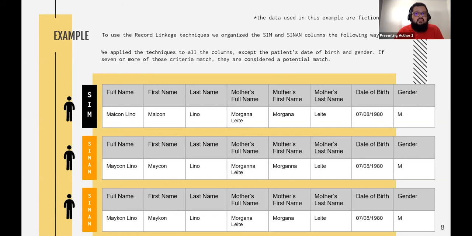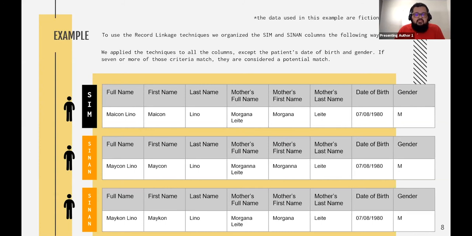In this example, the name Maicon is in the SIM database, and Maicon and Maicon 2, the same person with the name typed incorrectly, are in the SINAN database. So the same person may be in SINAN more than once due to treatment abandonment.